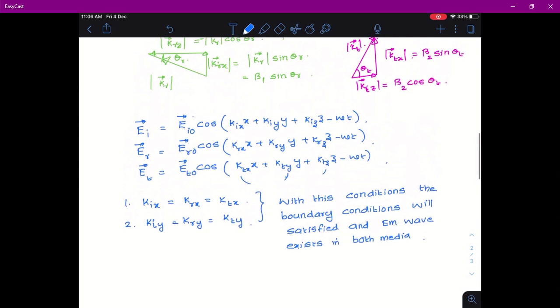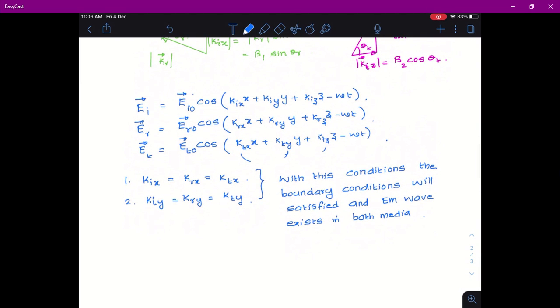Now let's look at each one. The first one says Kix is equal to Krx.